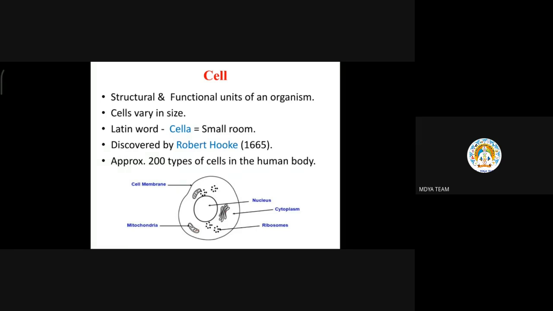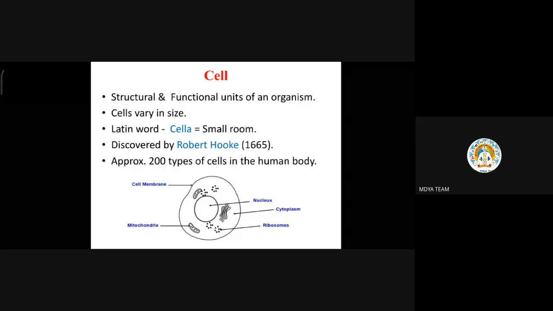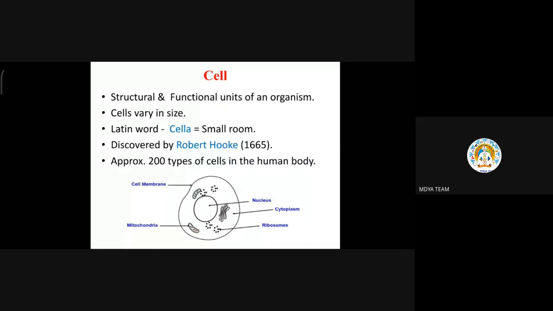Okay, so these are the basic informative lines about cell. You have to remember this information. The basic structural and functional unit of organism is cell. It may vary in shape, size, structure, function. The root word of cell is cella, which means a small room, and it came from Latin word and was discovered by Robert Hooke in 1665.